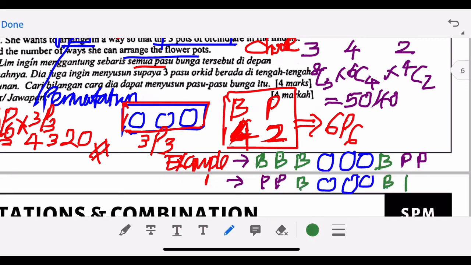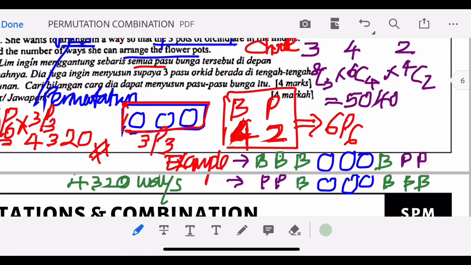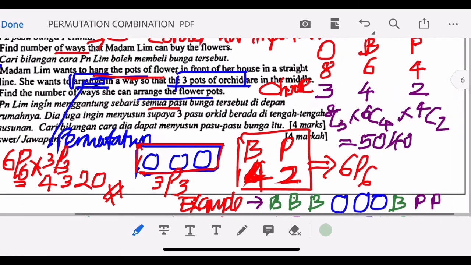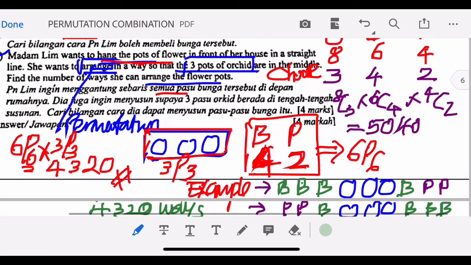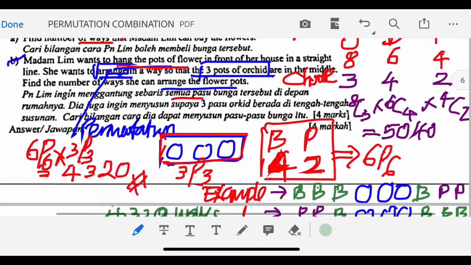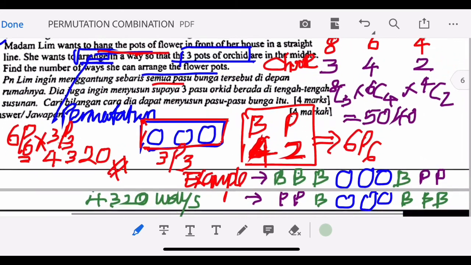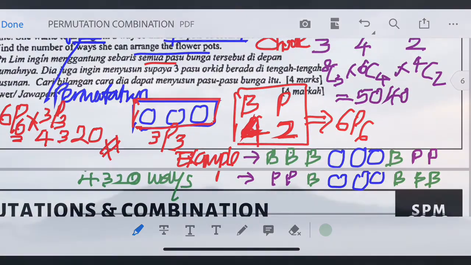There are so many ways. You can try to list out maybe P, P, B, then the orchids in the middle, then the balance will be 3 B. That is how I show you the example from out of 4320 ways of arranging according to Madam Lim's wish.